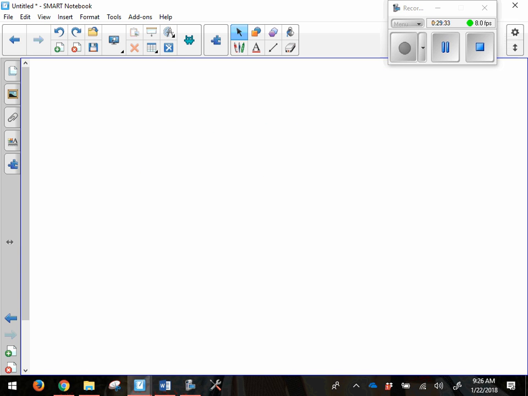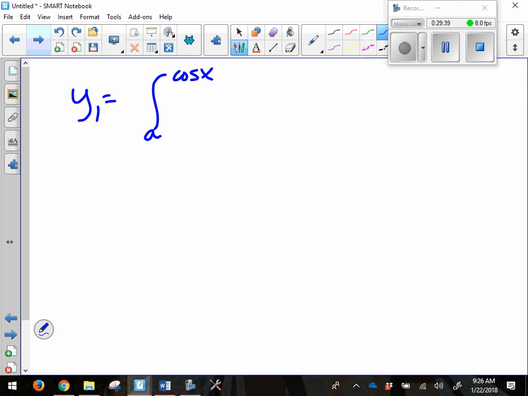All right, so let's start with y1. So y1 is that integral from a to cosine x of t squared dt. As you guys were so quick to pick up on, if I don't have a simple x as my upper limit, I just need to use the chain rule.